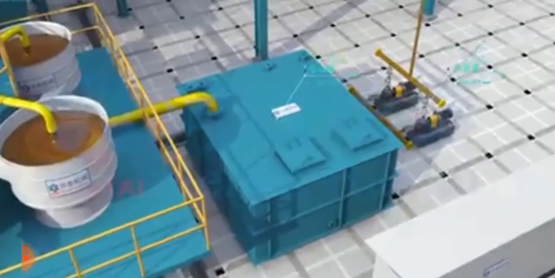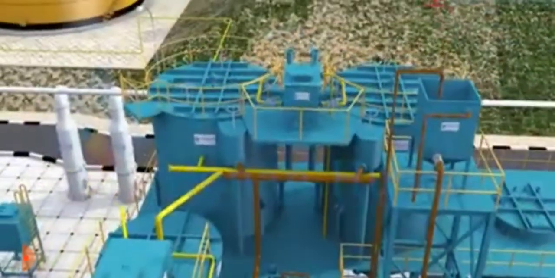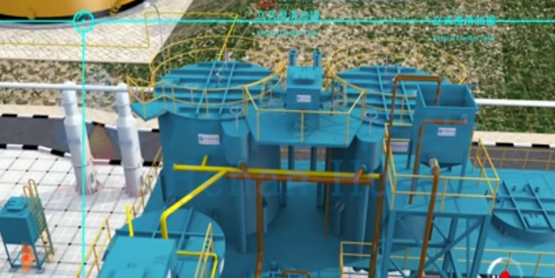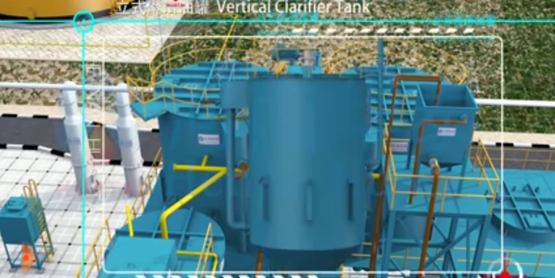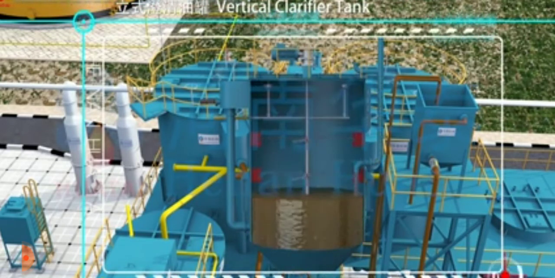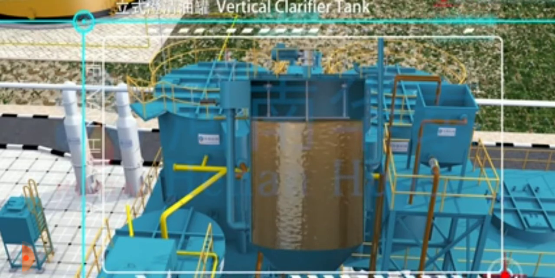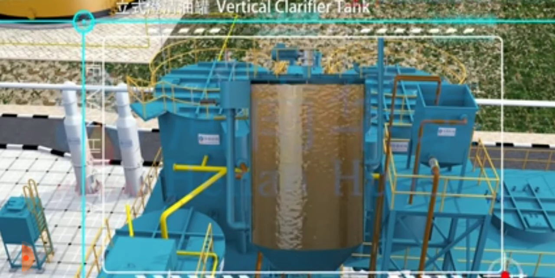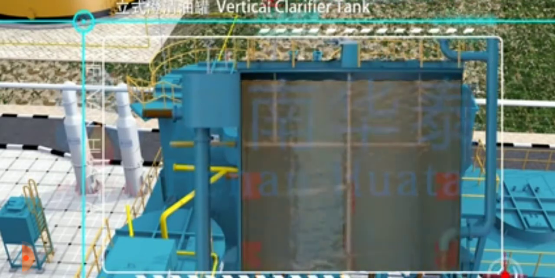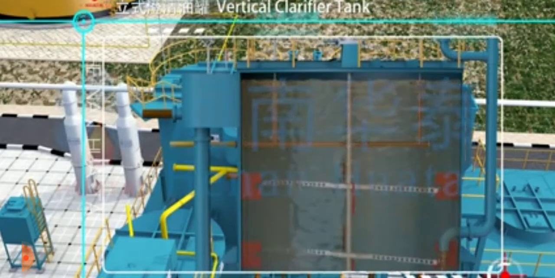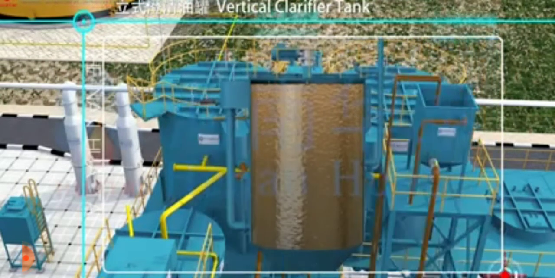Use the crude oil pump to convey it to the vertical clarifier tank. Through heating, stirring, and settling treatment, clear oil stays up. Dirty oil and water settle down. Clear oil goes through the oil skimmer and enters the pure oil tank.